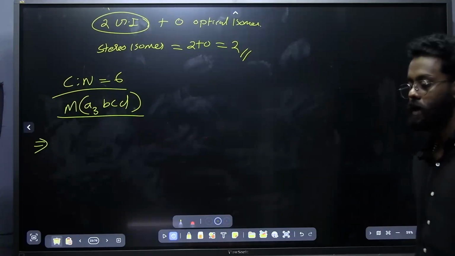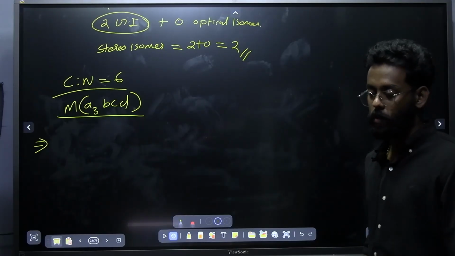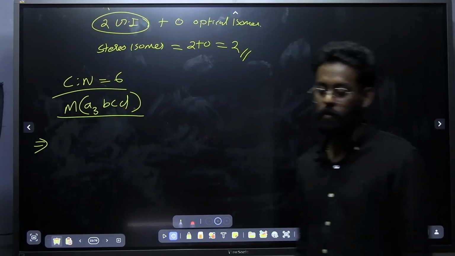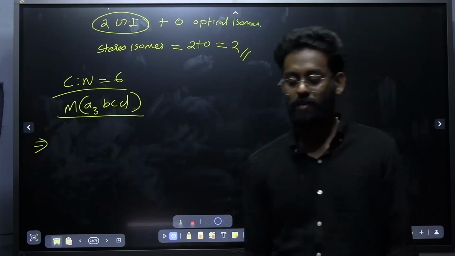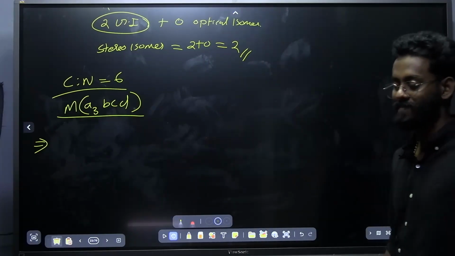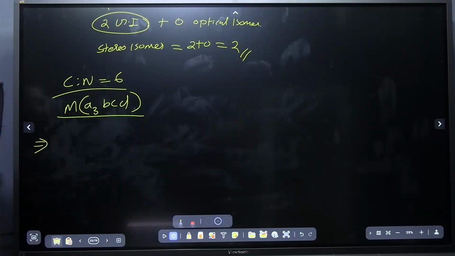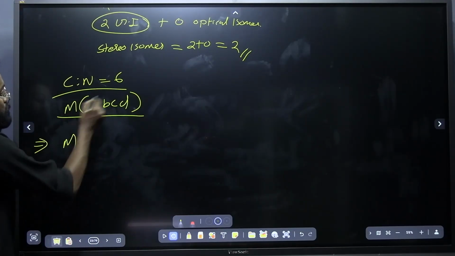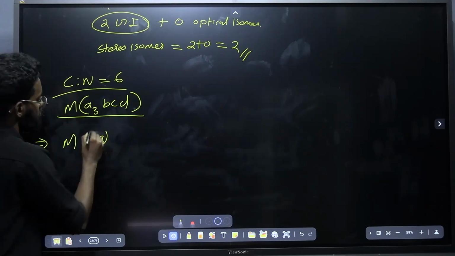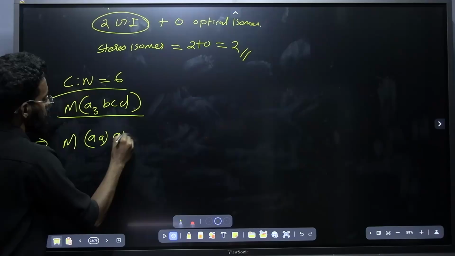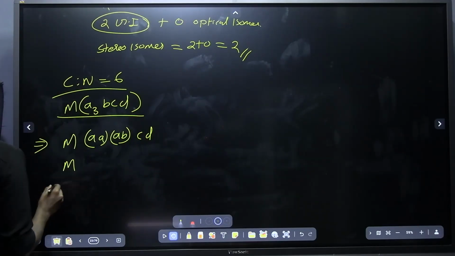Just tell me, guys, how many combinations are there for MA3BCD. I know all of you math students think the number of combinations and permutations are not good, but still we need it. Okay, how many combinations are there? First combination, it is octahedral, so there will be 3 pairs. First pair is MAA, then AB, then CD. What is another pair?